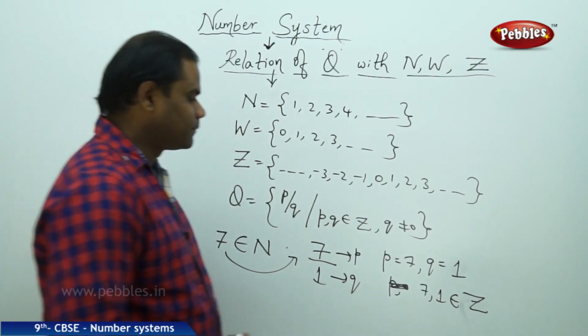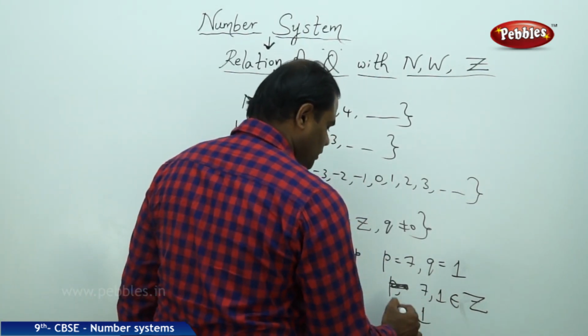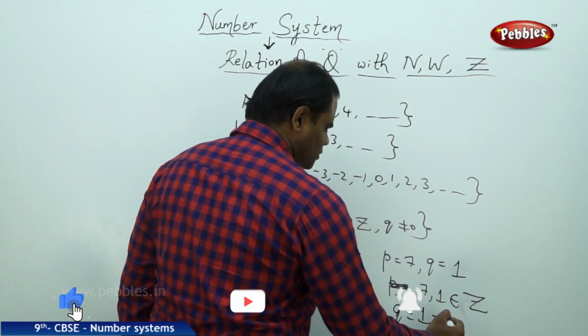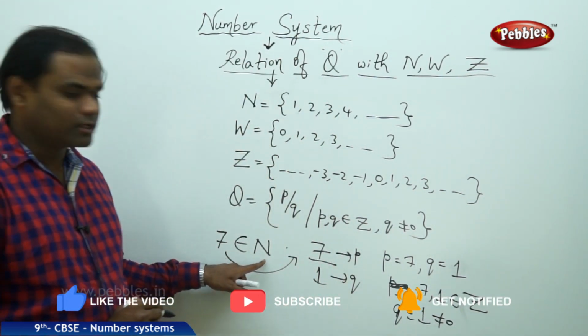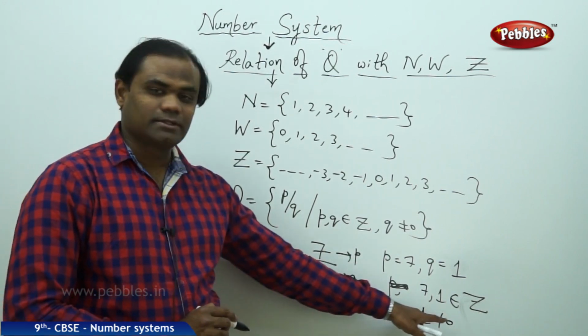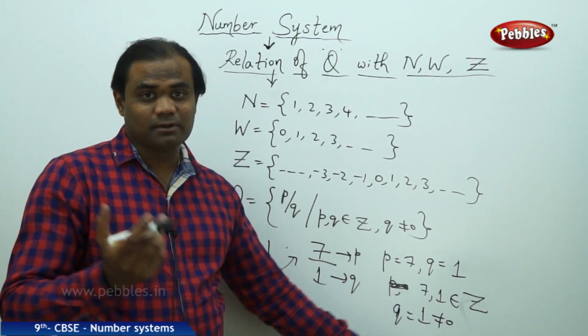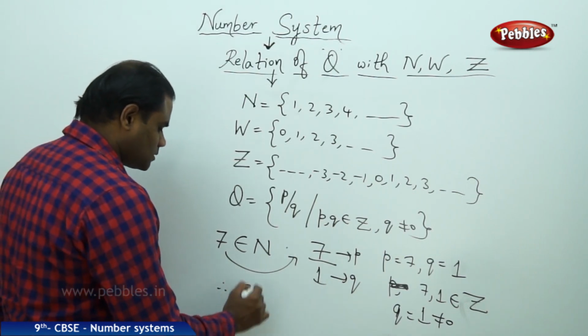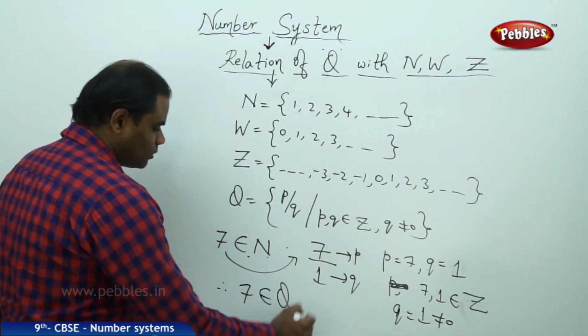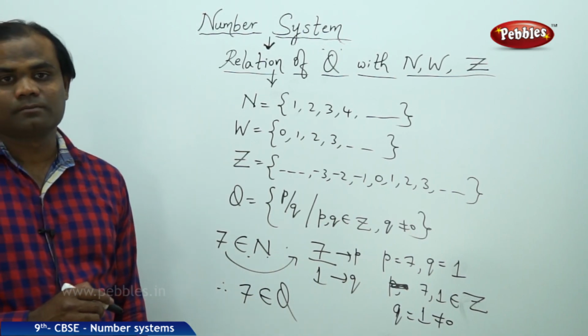And 1, the denominator, is not equal to 0. Therefore, every natural number 7 belonging to N can also be expressed in p by q form, that is 7 by 1, and it becomes a rational number.